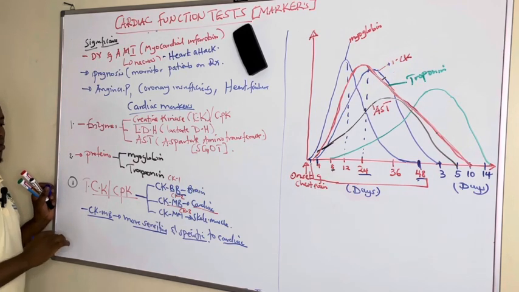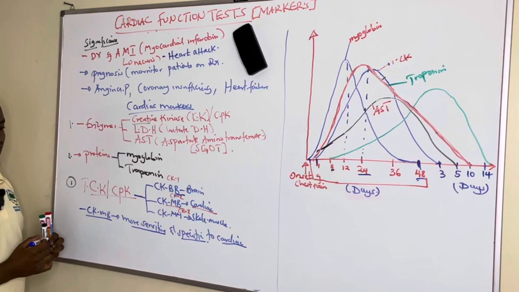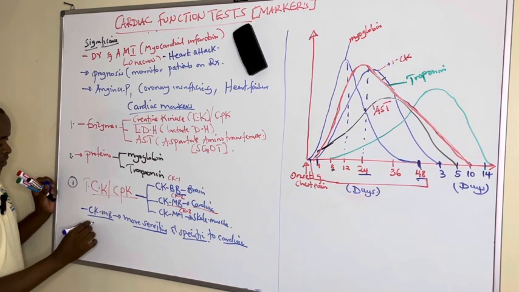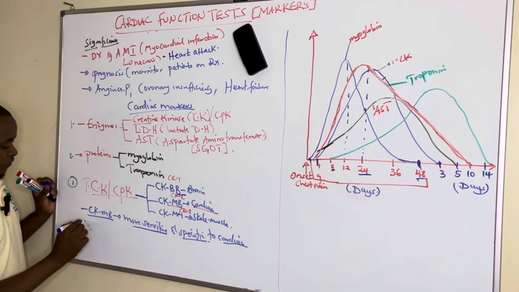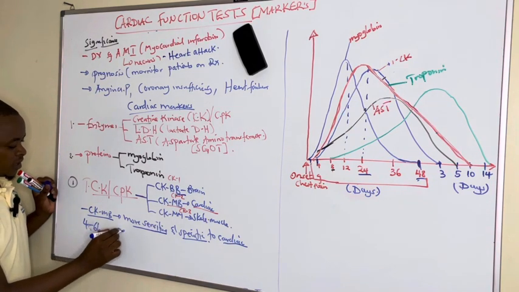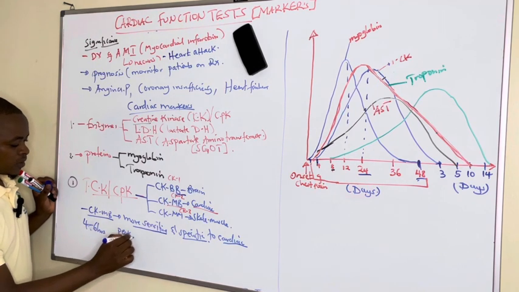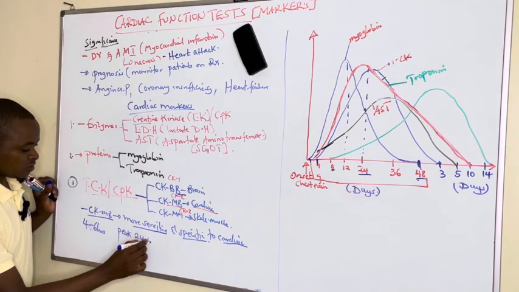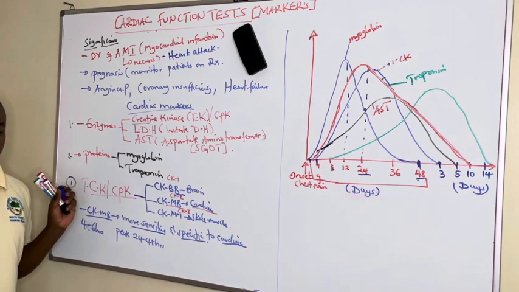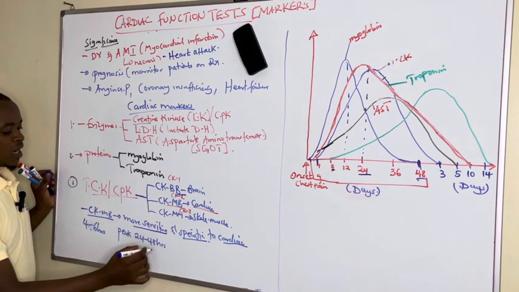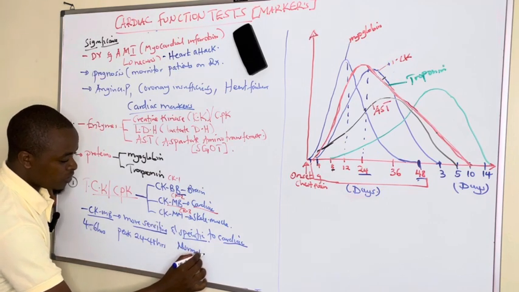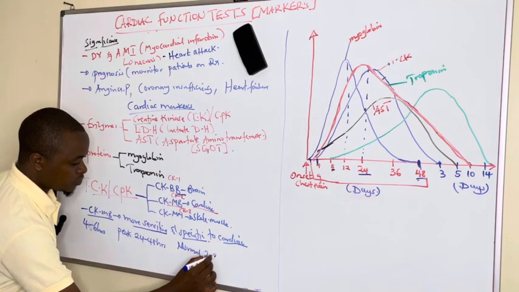Being more specific and sensitive, it begins to rise at 4 to 6 hours. It attains peak or maximum between 24 to 48 hours after the onset of chest pain or myocardial infarction, and returns to normal within 2 to 3 days.